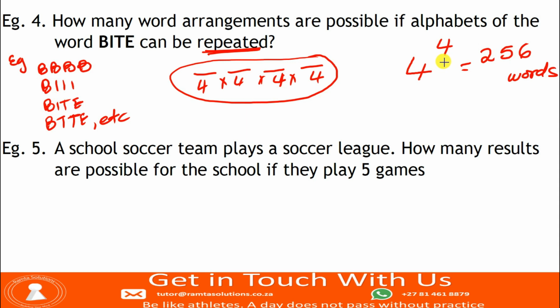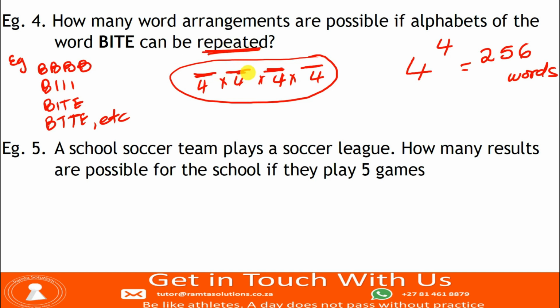And if a formula gives you a tough time, you can do these dashes. When they say the alphabets of the word byte can be repeated, it means this exactly. For the first, you have 4 letters to choose from. When you choose a letter, it doesn't reduce the number of letters you have for the next letter, because they say they can be repeated.